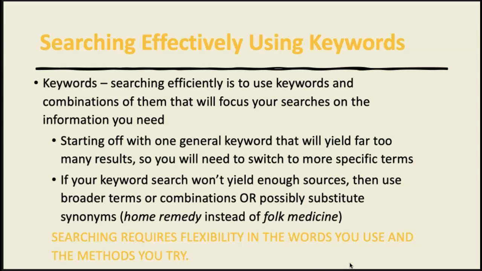I would strongly recommend keeping either an electronic document open, or for those of you that would rather write things down, have a piece of paper. Every time you search something in a database, write down what word you searched. A lot of times, I've had this happen to me: I will search something and get 30,000 results. That's too many, so I'll limit my search.